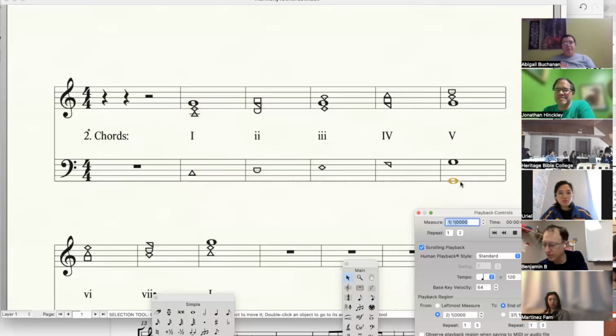If I see a, let's go to 4. If I see a fa in the bass, then fa, la, do. Right? I'm going to see that spread out somewhere up above here. That in the bass and that on top. If I see so in the bass, that's our fifth chord. So that's a 5. And so somewhere I will see so, ti, re, right?